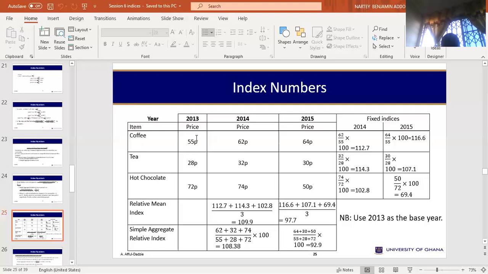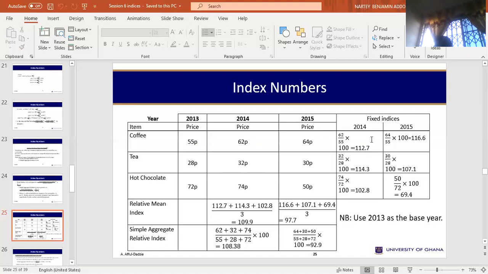These are their prices: 55 pesos, 28 pesos, and 72 pesos for 2013. For 2014, the prices were increased to 62, 32, and 74 pesos respectively. For 2015, we have 64 pesos, 30 pesos, and 50 pesos respectively.